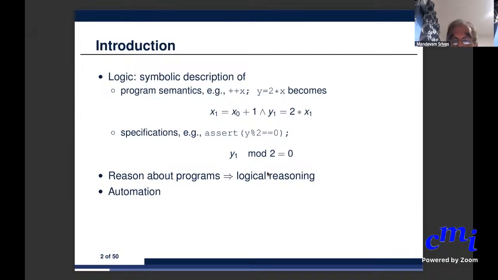Then you want to express the fact that the behavior implies the specification and ensure that by using logical reasoning, using the rules and the calculus that logic provides you. And you want to do it in an automatic way.